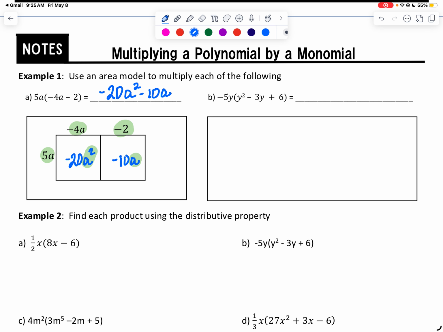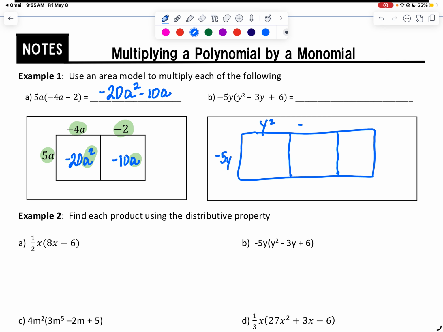This time, since there are three terms inside the parentheses, when we make our rectangle, we want to split it into three parts, one part for each term in the parentheses. Again, our monomial goes on the side, and each term of our polynomial goes on top.